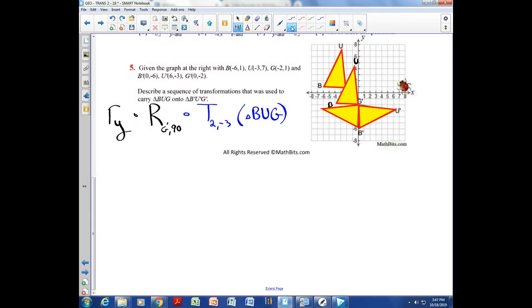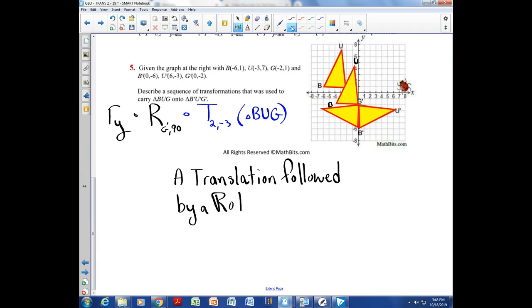Now, this is a very, very technical, official way to write what we just did. However, what would be acceptable in a question like this on our Regents would just be a translation followed by a rotation followed by a reflection.